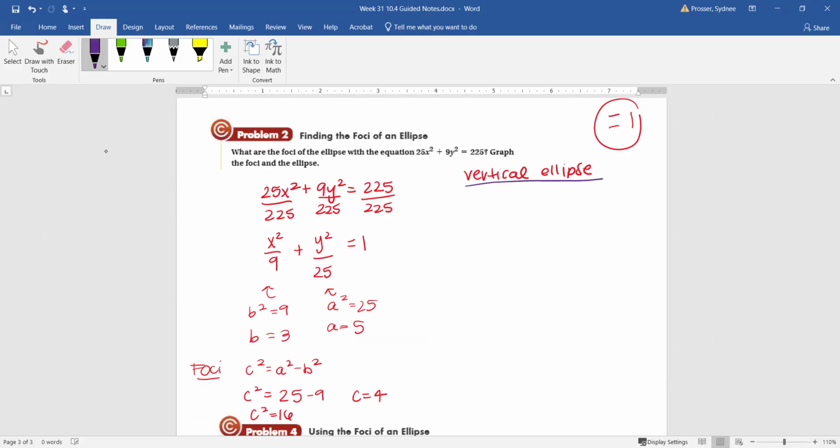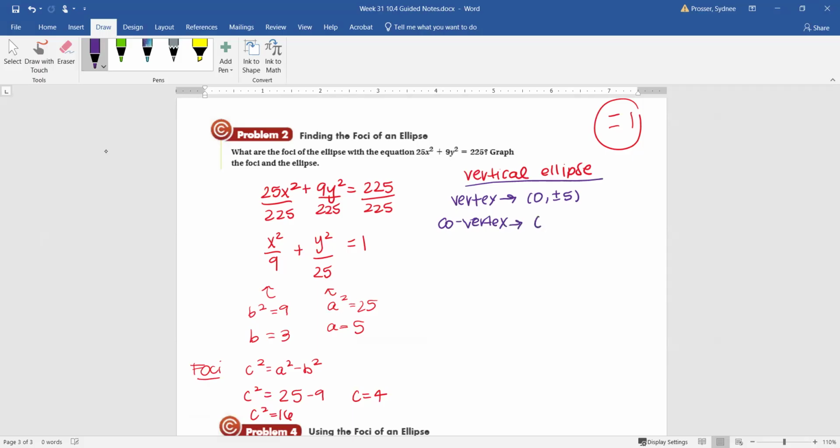So I know I have a vertical ellipse because the a value was under the y. That tells me that my vertices are going to be on the vertical axis here. And so they're going to be at 0, plus or minus 5. My covertices are going to be at that b value, and they're going to go left and right.